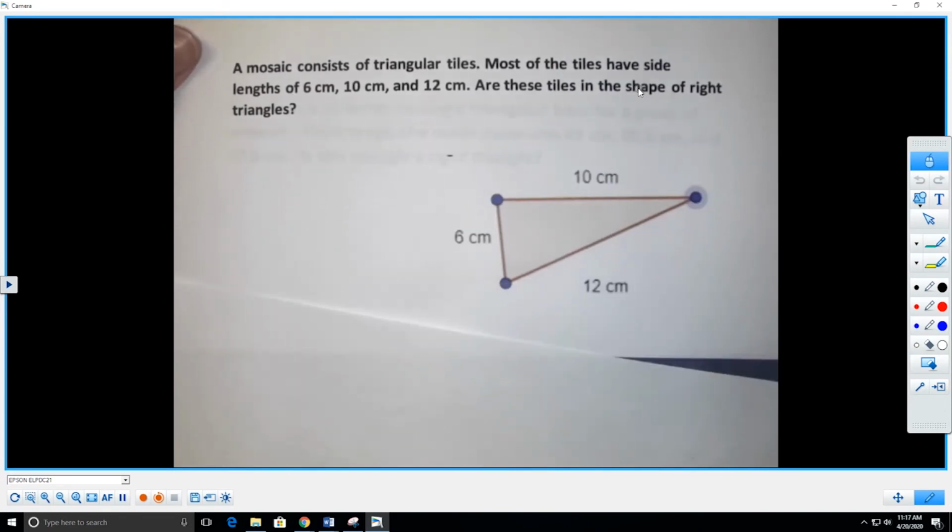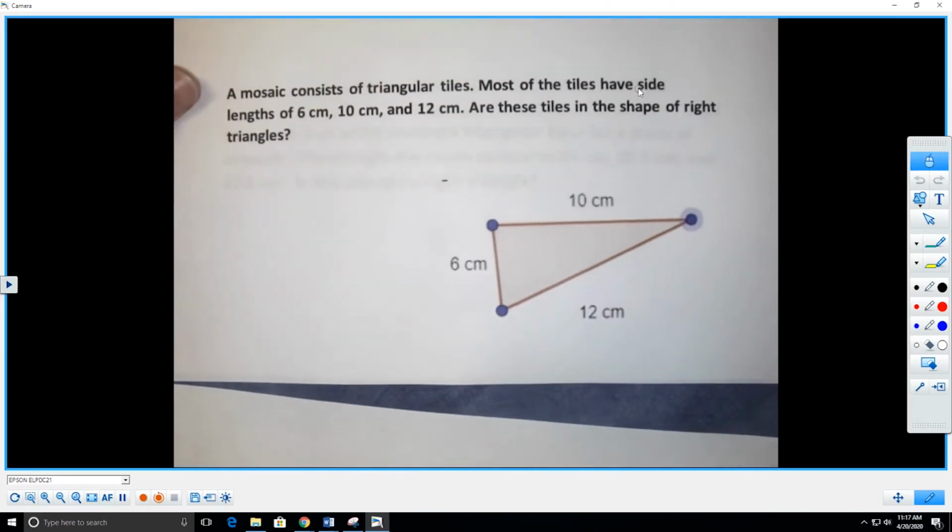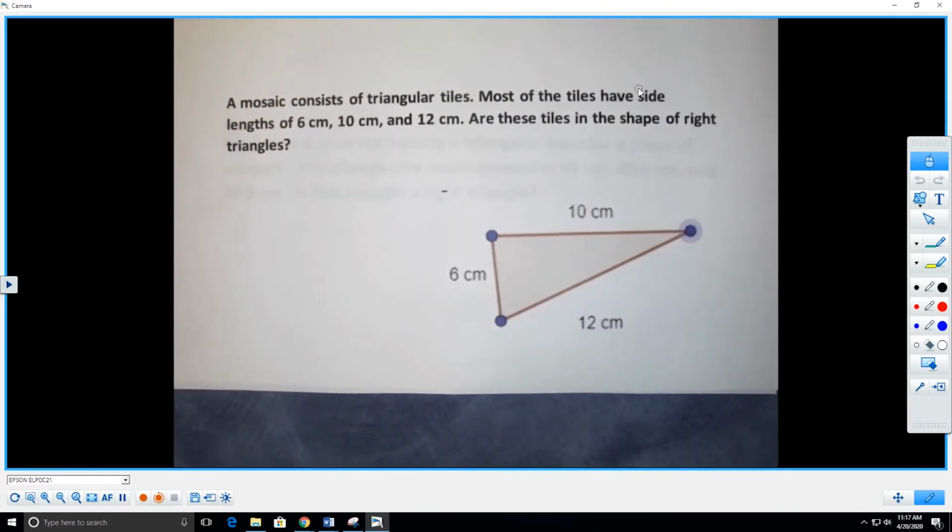Does your sketch look something like this? What do we need to do first in order to test these measures to see if they form a right triangle? Right. Determine which lengths would be the leg measures and which one would be the hypotenuse measure. You take a second and decide that.